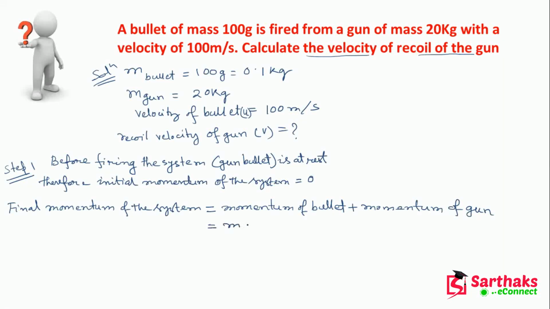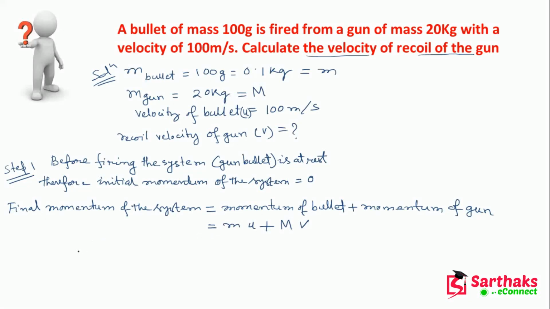That means m into u, the momentum of the bullet, plus the momentum of the gun, M into v. Here small m is the mass of the bullet, and let us denote the mass of the gun using capital M.